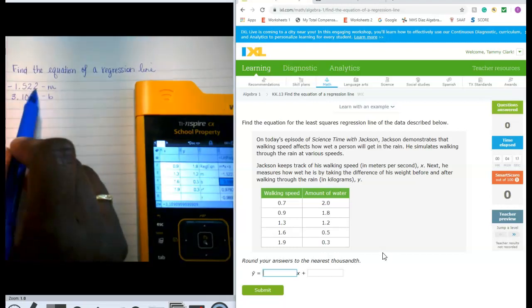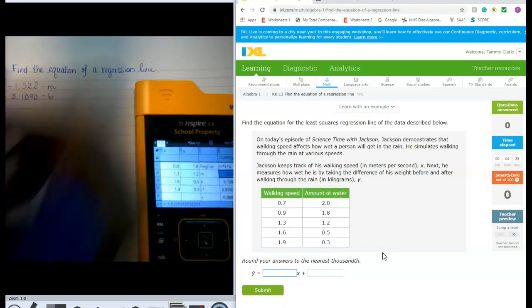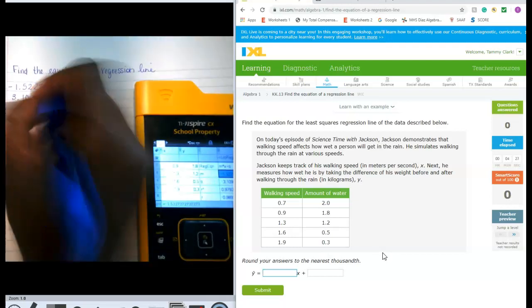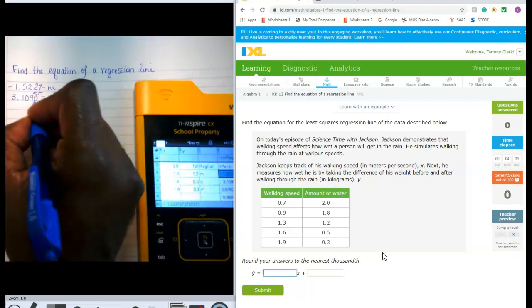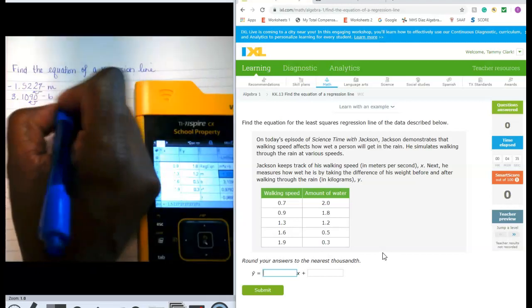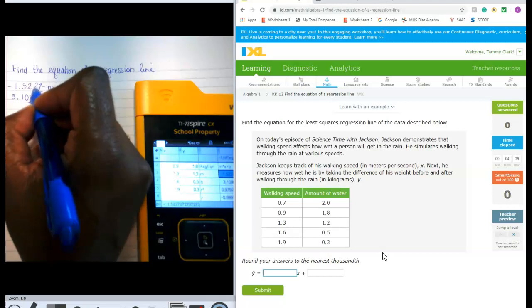Now here I should put another number after this decimal point. So 1.5227. So again, we're going to use a 7 to determine what to do with the 2. We're going to use the 0 to determine what to do with the 9. So here 7 is greater than 5. That means I'm going to round this 2 up 1.